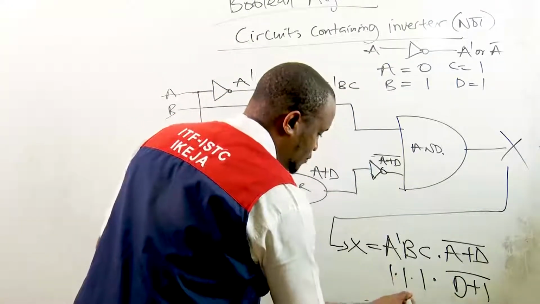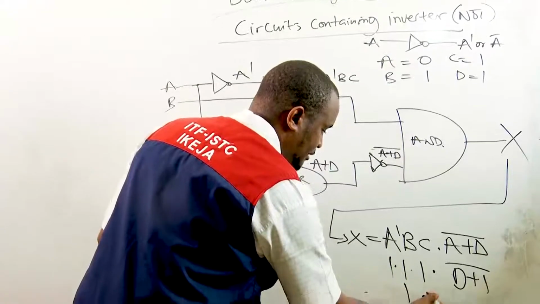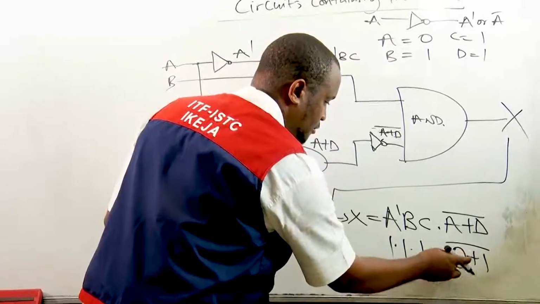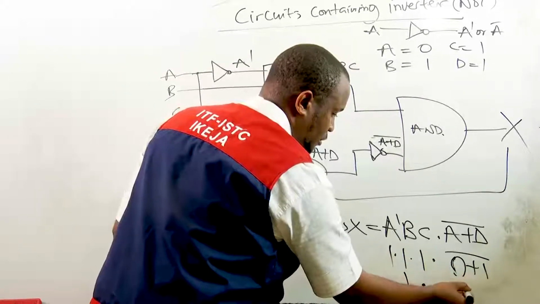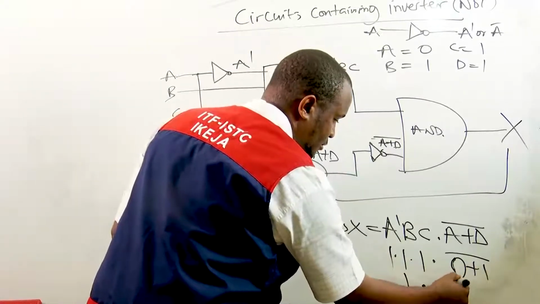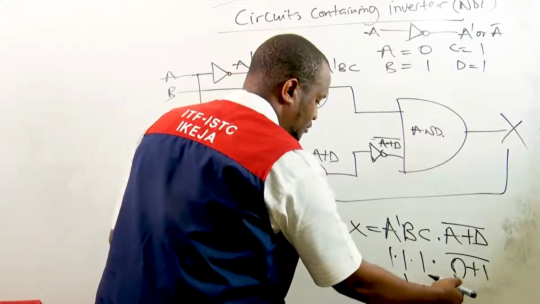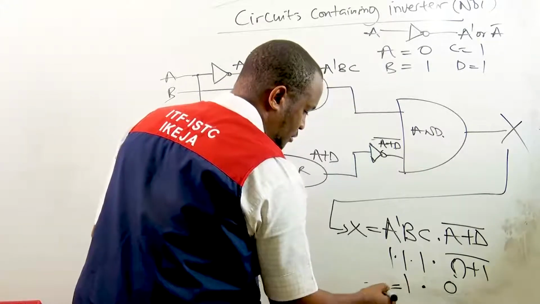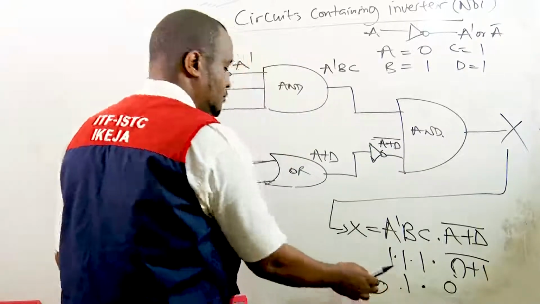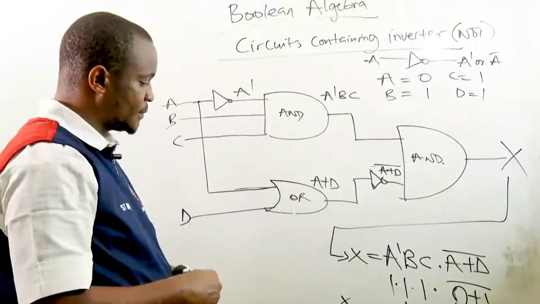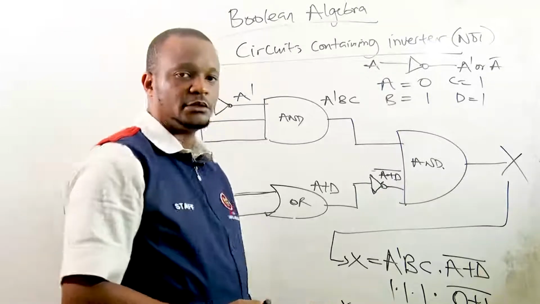So the value of this is 1, and 0 plus 1, that is, 0 or 1 is 1. Inverted is 0. So 1 and 0 is what? 0. So our value here will be 0. Okay? So this will be the logic 0.